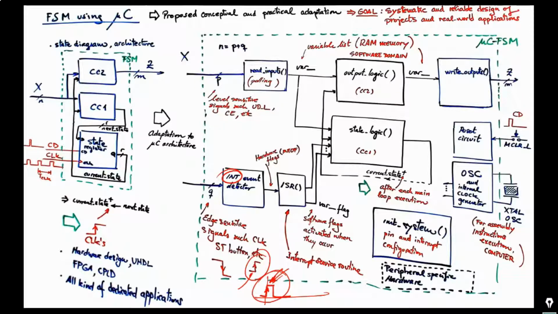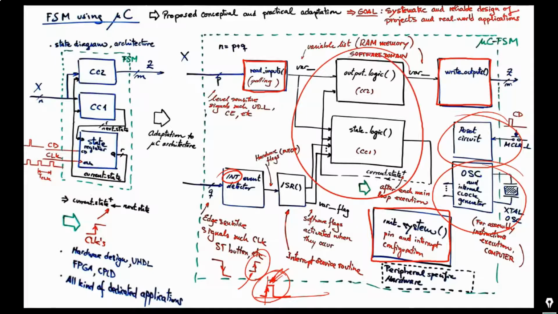So you see, you have the same kind of functions that you know very well from project 9, okay? Init system, read and write, the typical oscillator and reset circuits, but now everything goes around the output logic and state logic.